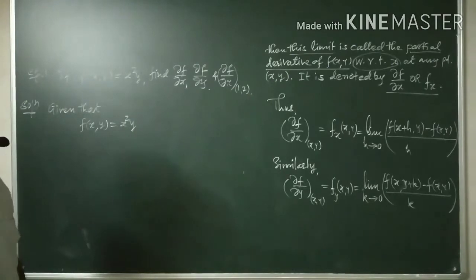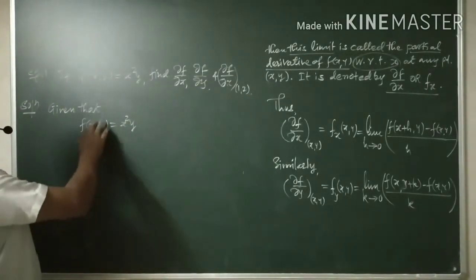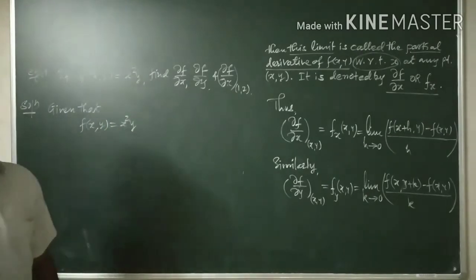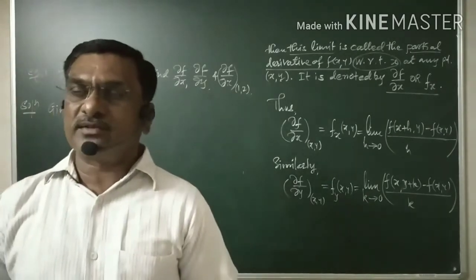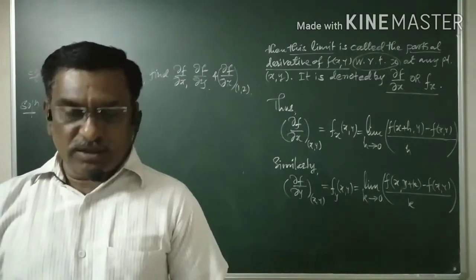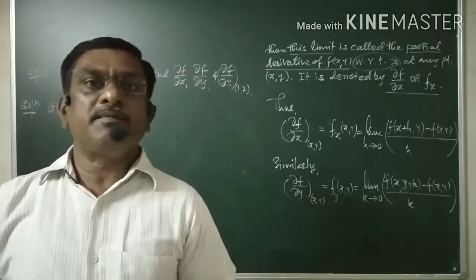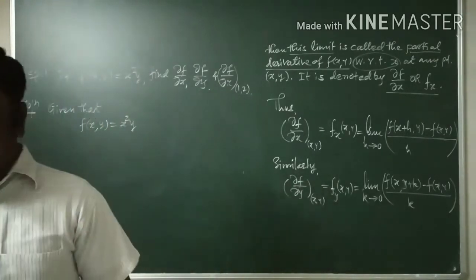Let us obtain the partial derivatives of this function of two variables by using the known formulas from your 11th and 12th standard, and then we can use the definition to check or verify whether we are correct or not.